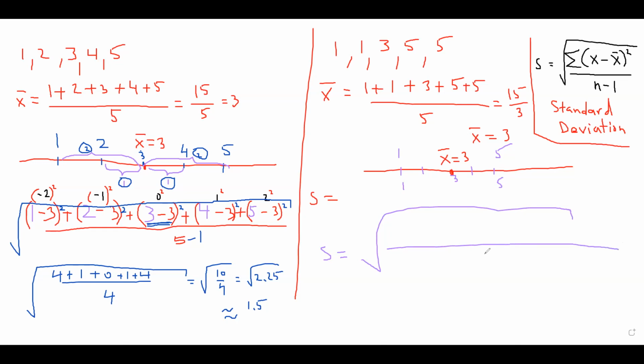from a fraction whose denominator is 1 less than 5, right? So I take each element of the sample, 1, 1, 3, 5, and 5, and subtract from each of the elements my number 3, my sample mean, just like that.